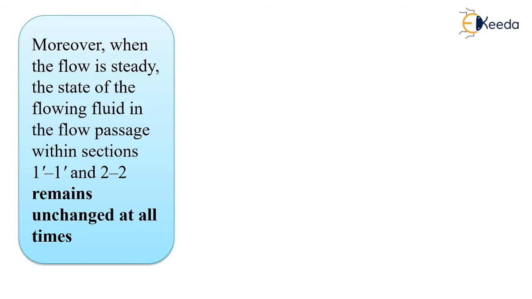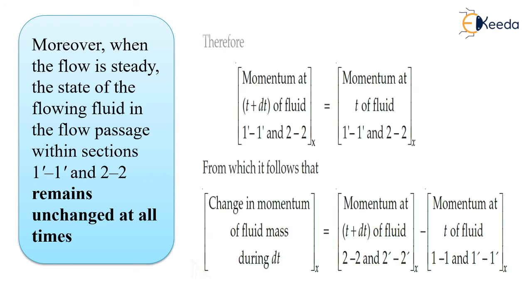Moreover, when the flow is steady, the state of the flowing fluid in the flow passage between 1-1 dash and 2-2, this is our shaded portion, remains unchanged at all times.